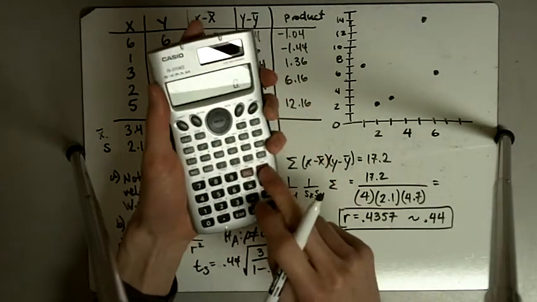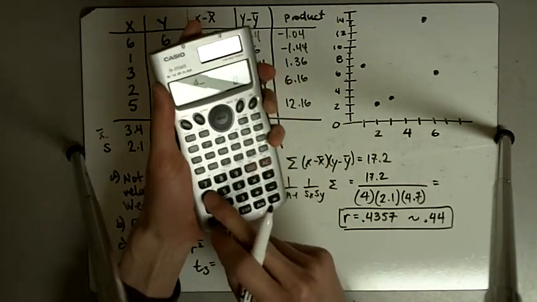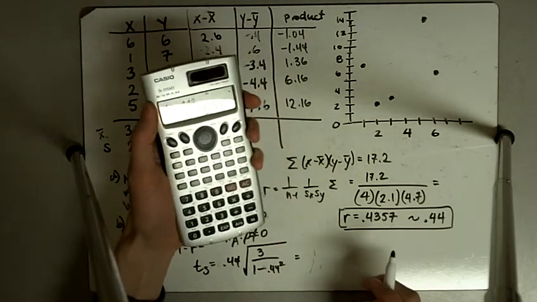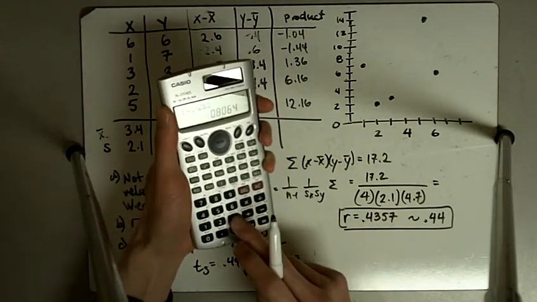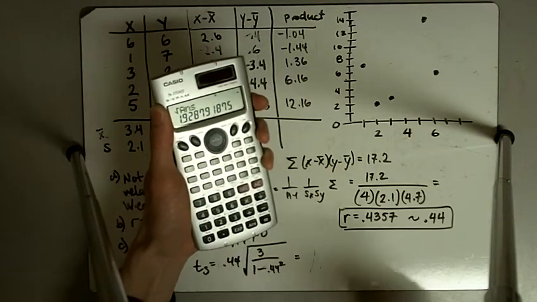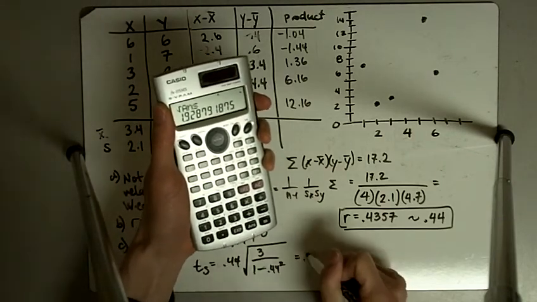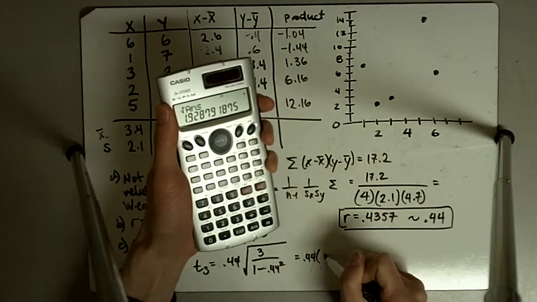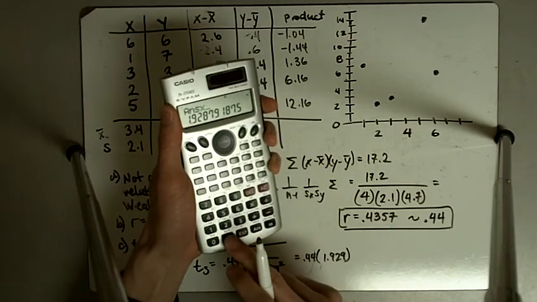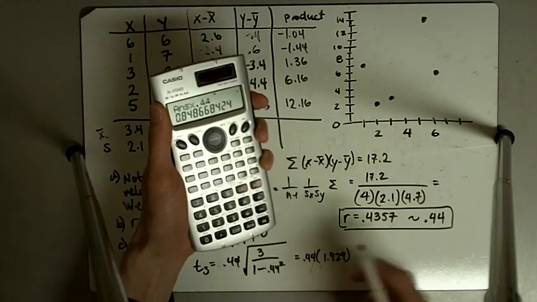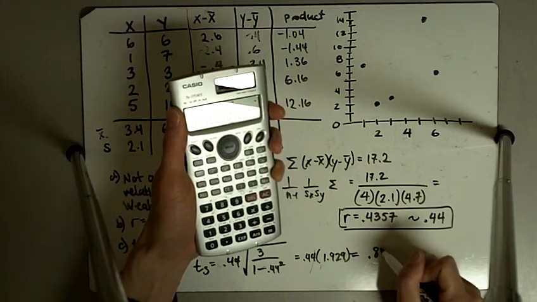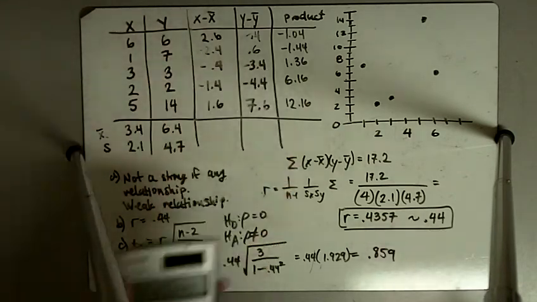So 1 minus 0.44 squared gives me 0.86006. So I do 3 divided by that number, and I take the square root of that, and so I have 0.44 times 1.929, and my t-statistic is equal to 0.859.